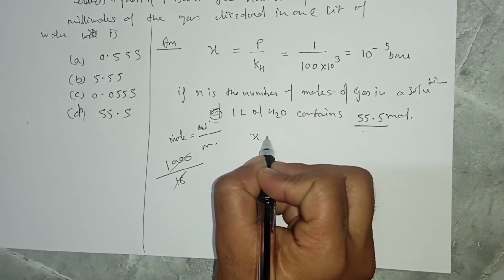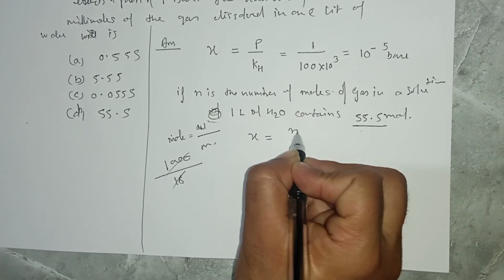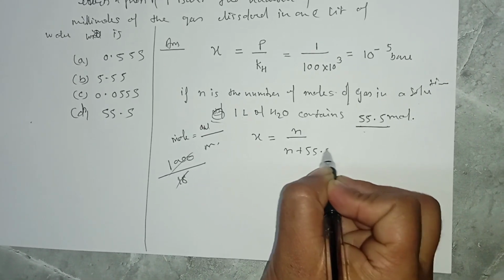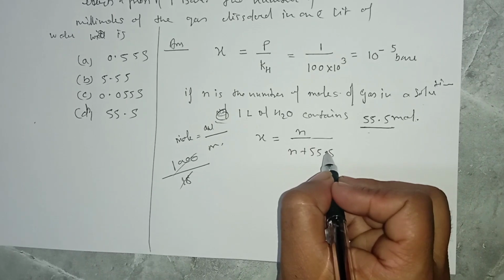We'll use the formula for mole fraction. X is equal to n upon n plus moles of solvent.